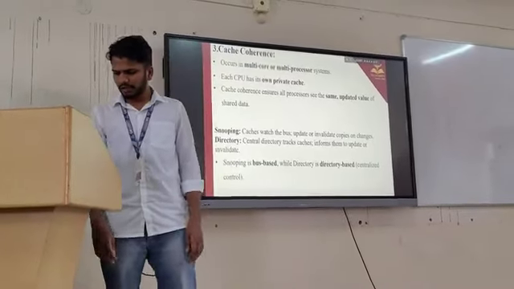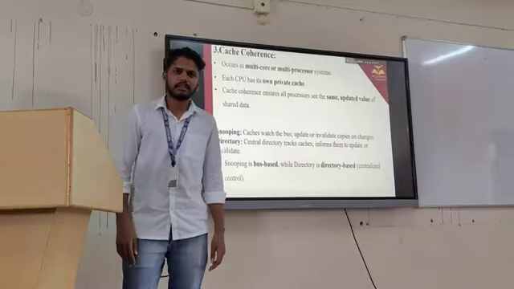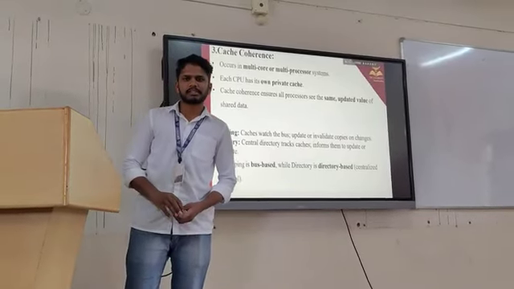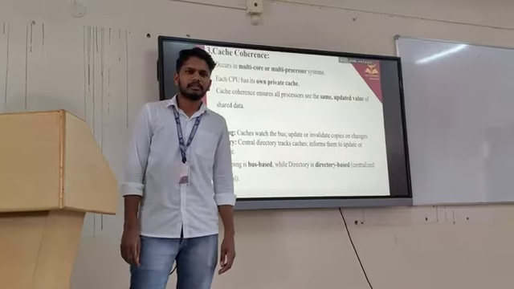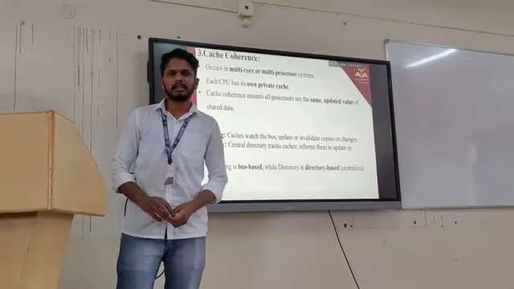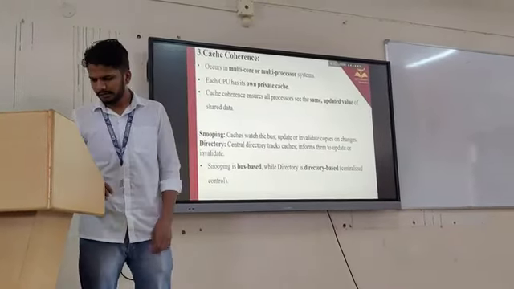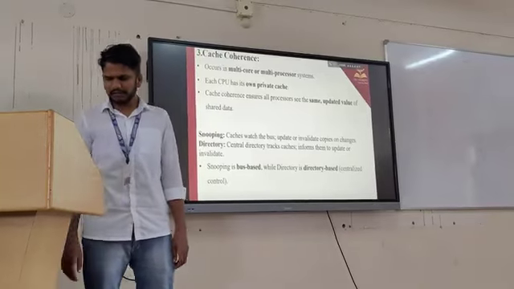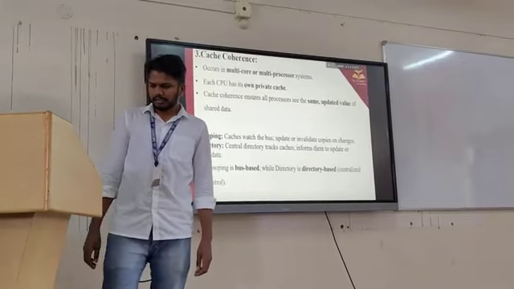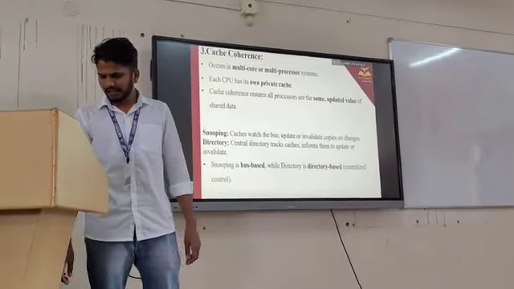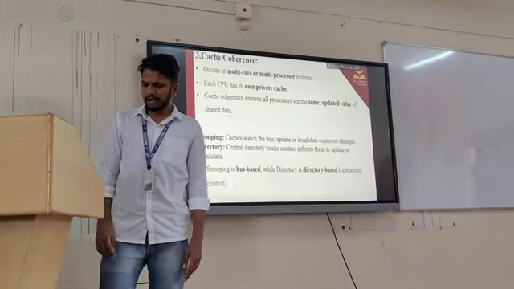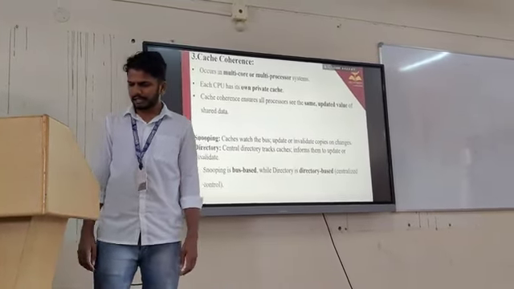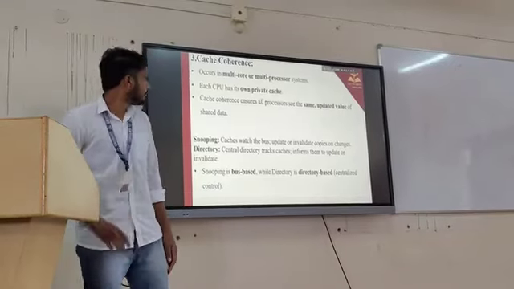All caches reside on a common bus. When one CPU changes a value, the others either update or invalidate their copies. A central directory tracks which caches have a copy of each memory block and tells them when to update.